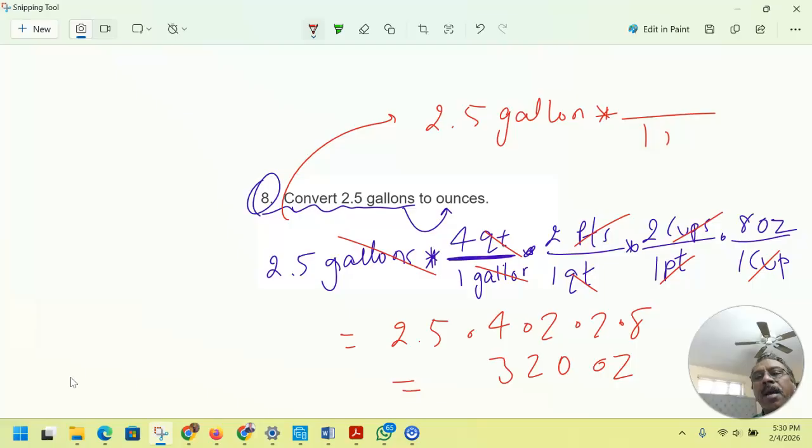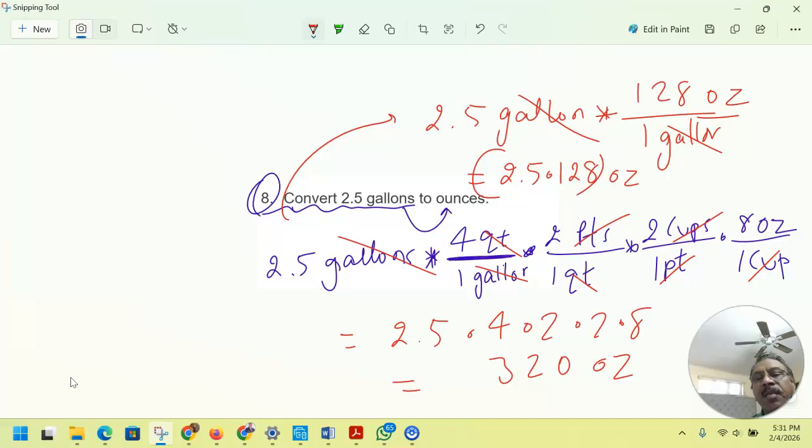But you can also do the shortcut: 2.5 gallons, and every 1 gallon, so I'll put a gallon down, 1 gallon directly is 128 ounces. Right? So gallon and gallon cross out, and you get 2.5 times 128, and this answer will be the same as 320.